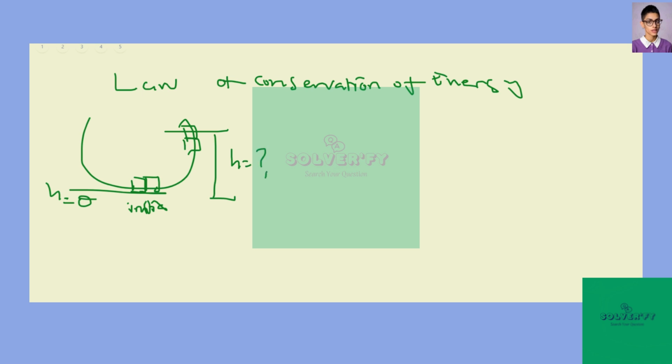So the initial kinetic energy of A and B plus the initial potential energy of A and B equals the final kinetic energy of A and B plus the final potential energy of A and B.